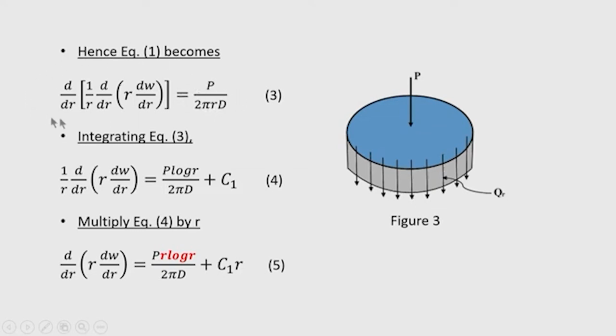So, this equation is actually the shearing force equation, and it has to be integrated to extract the deflected surface W. Now, the steps are underlined. Integrating equation 3, I get the expression inside the third bracket directly.